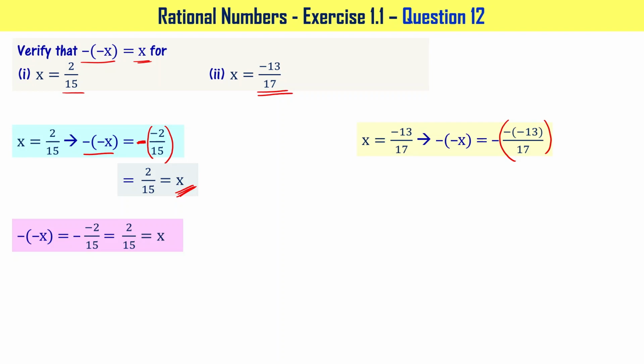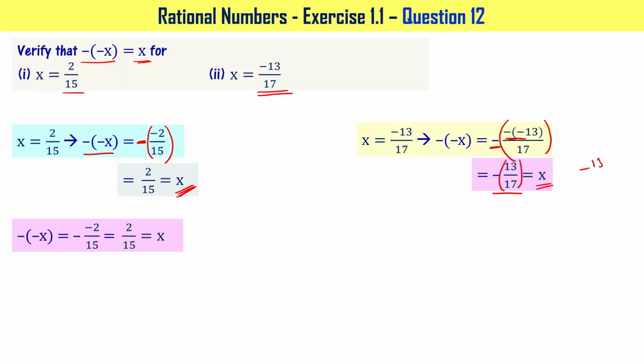When you multiply these two minuses, you will get plus. This particular minus is kept as is. That's why this is written as minus of 13 by 17, right? That is equal to x.